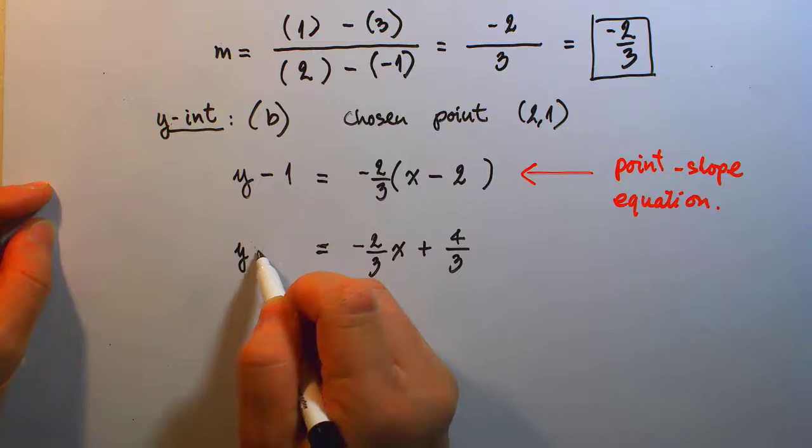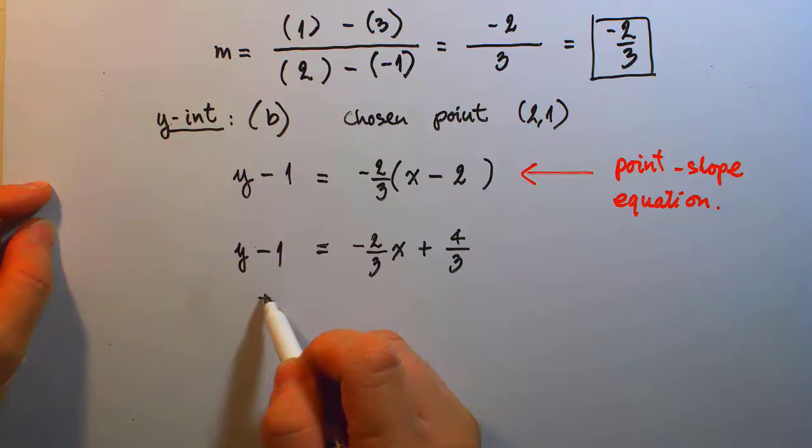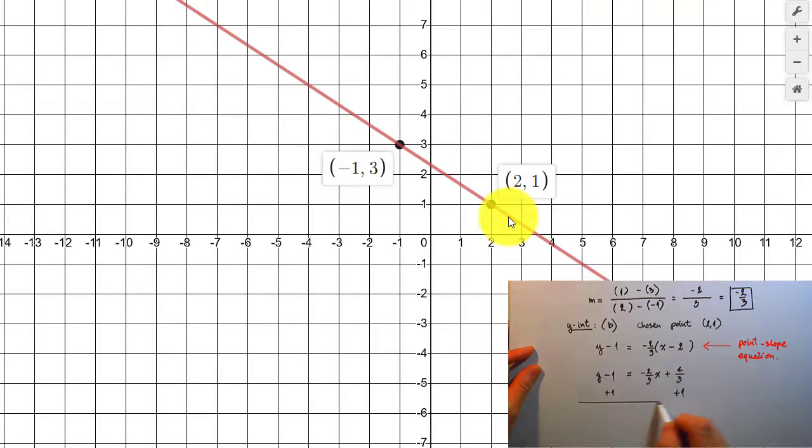And then on the left hand side we have y minus 1. At this point, to arrive at your final slope intercept equation, all you need is to add 1 to both sides of the equation. Consequently your equation becomes y equals negative 2/3 x plus, adding the two fractions 4/3 with 1, 7/3.